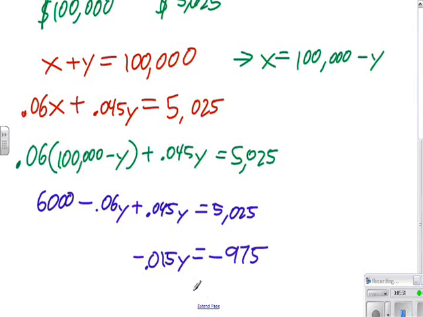Finish by dividing, 975 divided by 0.015, and we get y is 65,000.